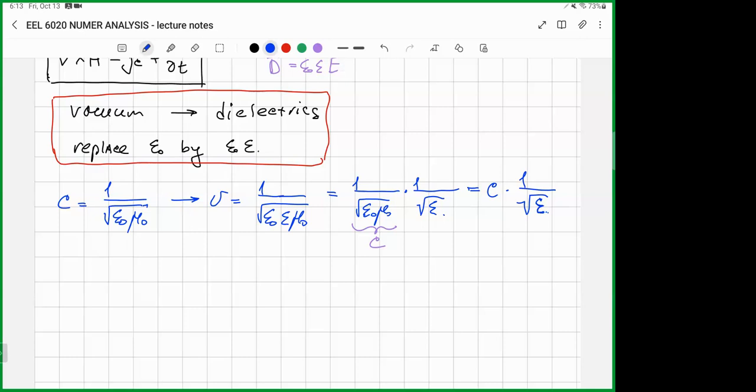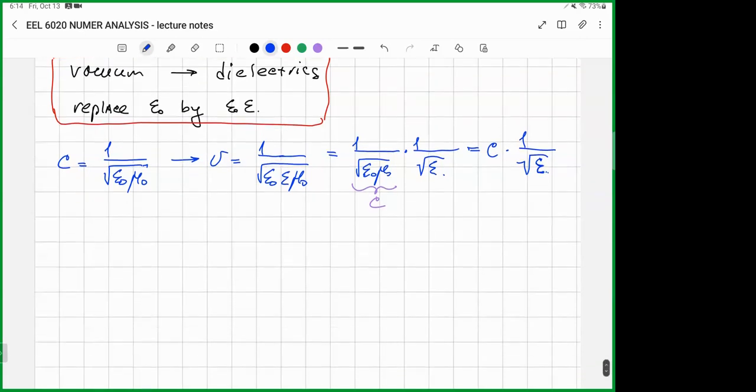Like the electromagnetic field in a matter slows down by the factor square root of epsilon. That's why this square root of epsilon is something important, and one can even measure this by measuring the velocity of electromagnetic field in matter.